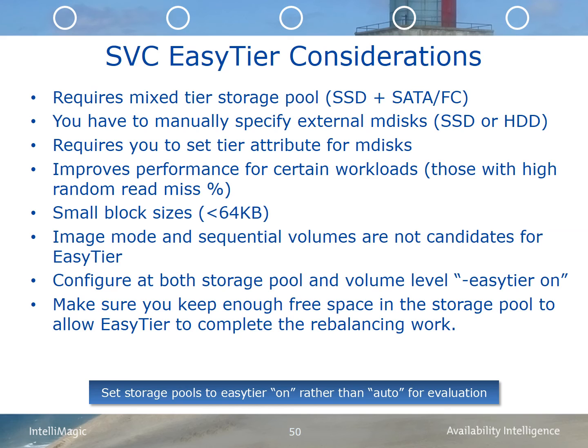Easy Tier is going to improve performance for certain types of workloads, primarily those workloads that are random read miss that have small block sizes. Image mode and sequential volumes are not candidates for Easy Tier, and in order to enable them, you have to configure it both at the storage pool and the volume level. And you also need to make sure you have enough free space in the storage pool to allow Easy Tier to complete the rebalancing work.